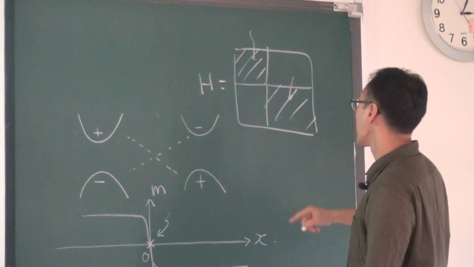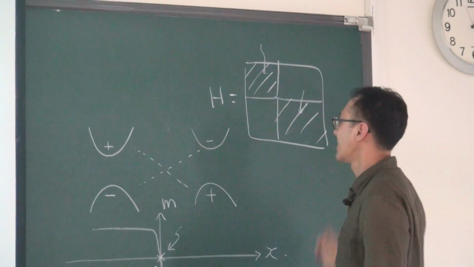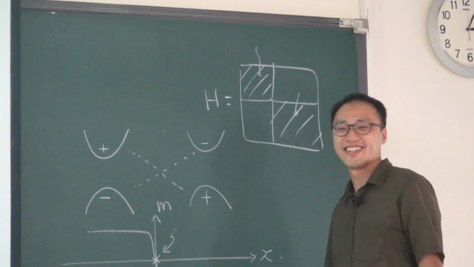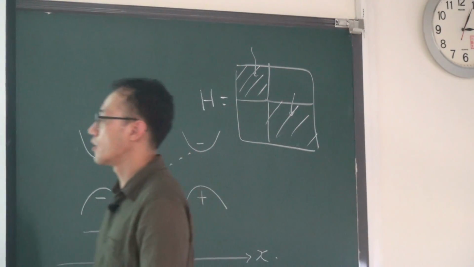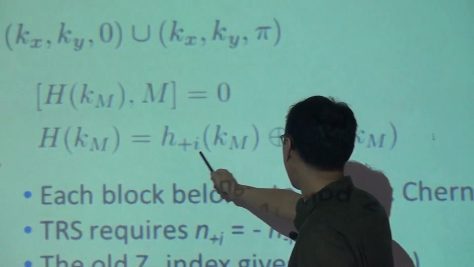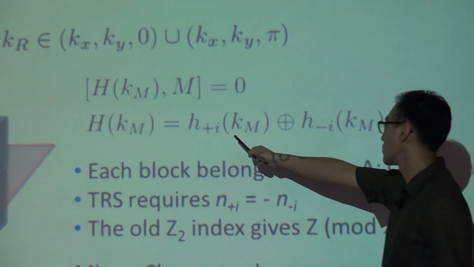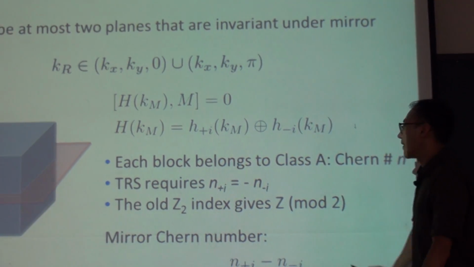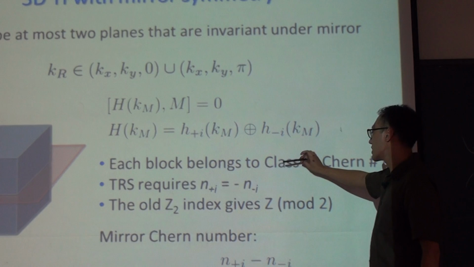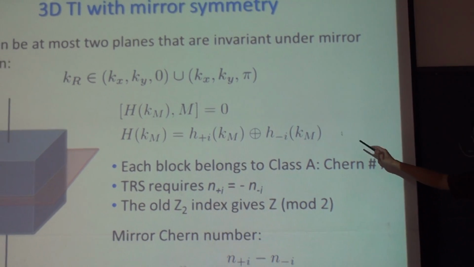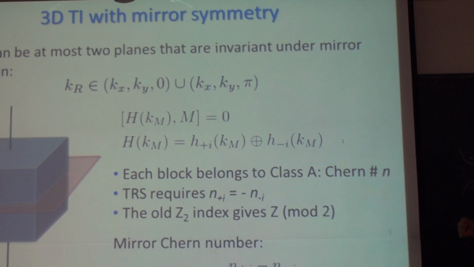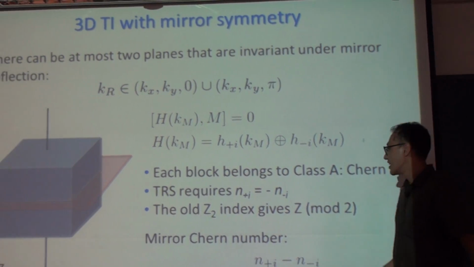And the other possibility is they do not possess the original symmetry. So here is an example. If we have this one and this one with eigenvalue plus i and minus i, you will see each block breaks time reversal, although the total system still preserves time reversal symmetry.